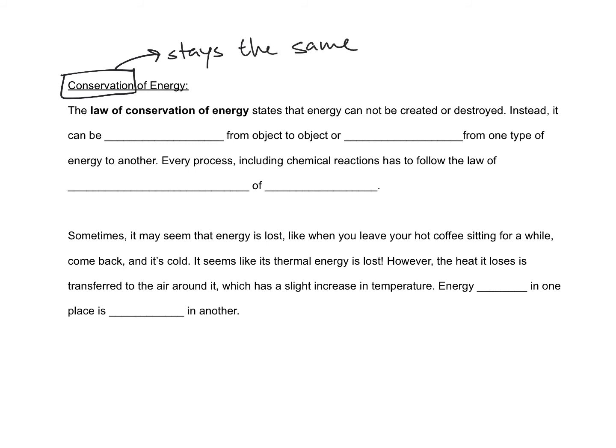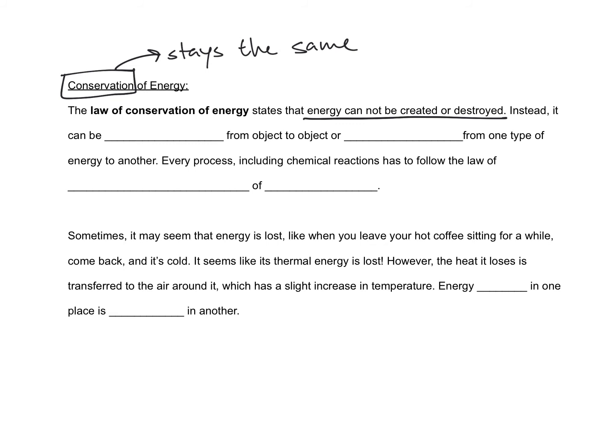So when we did conservation of mass, what we said was that the total mass before a reaction has to be the total mass after a reaction. And that's what we're looking at here again with conservation of energy. Conservation of energy is saying that total energy is always going to be the same. Total energy before is equal to total energy afterwards. Another way of saying this is saying that energy cannot be created or destroyed. And you've probably heard that before.